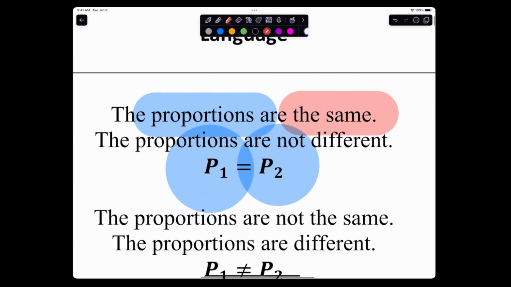They mean what you guys see here. P1 equals P2. Okay, isn't that what it means to be the same? You are equal.